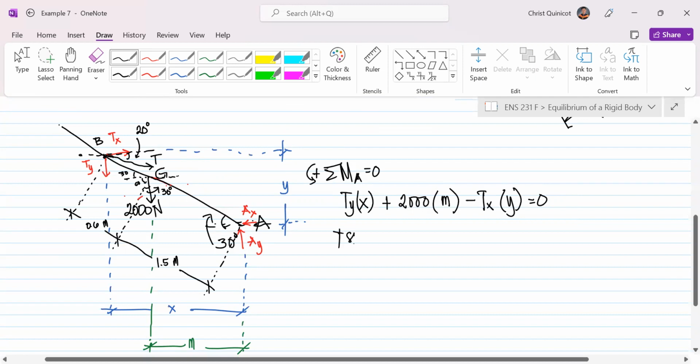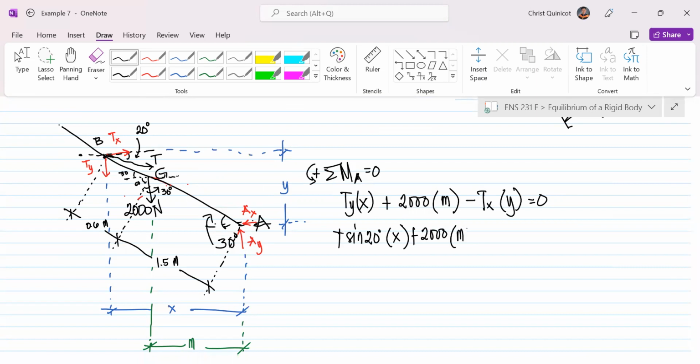T sine 20 degrees, of course, times X plus 2000 times M minus, now our T sub X, that is T cosine 20 degrees times Y, of course, is equal to 0.